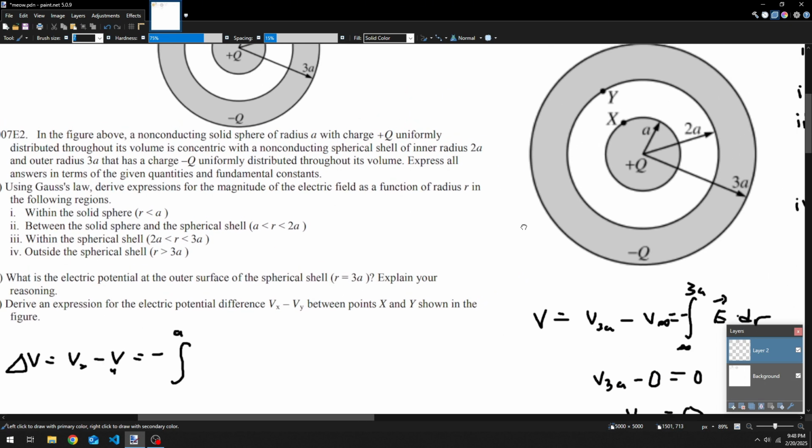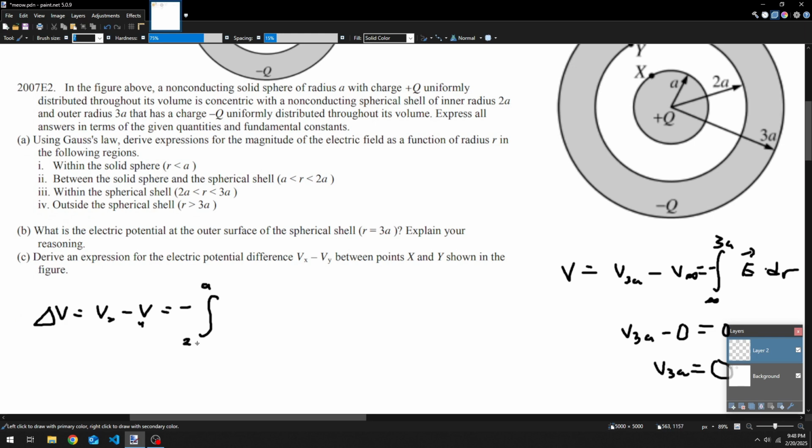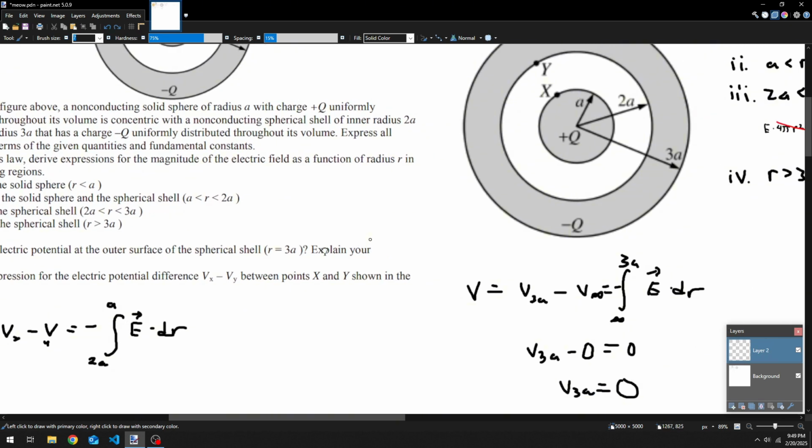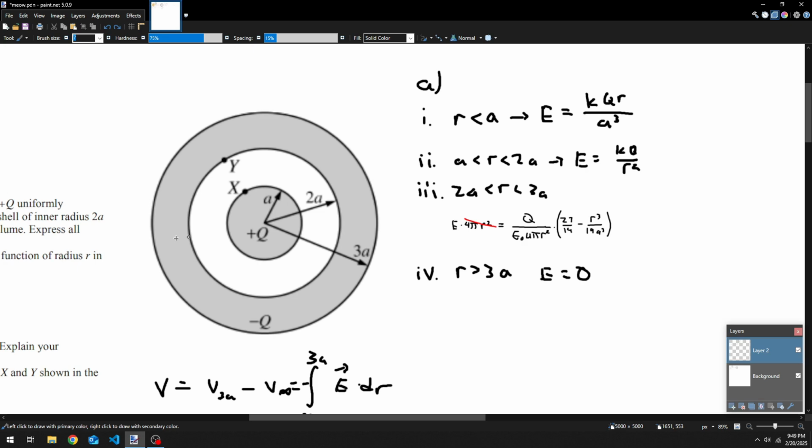What's the radius at y? It's 2a. So we're going from 2a to a, of the electric field times dr. The electric field we have from a previous answer right here is just kq over r squared.